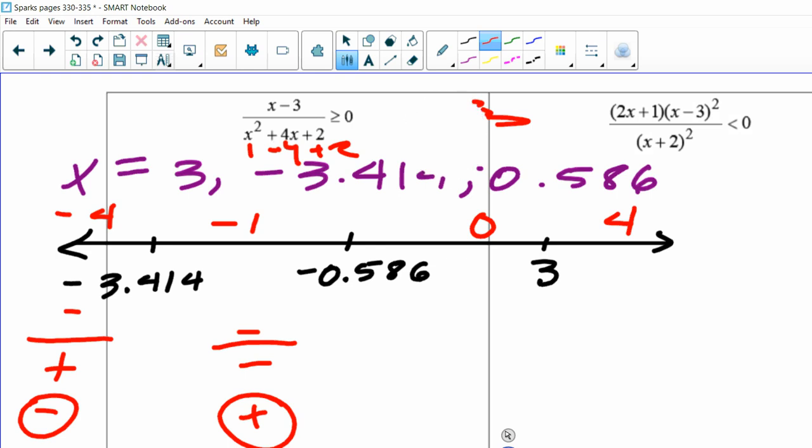All right, so it's 0 plus 2. Negative over positive is negative. Negative divided by a positive is what? Negative.